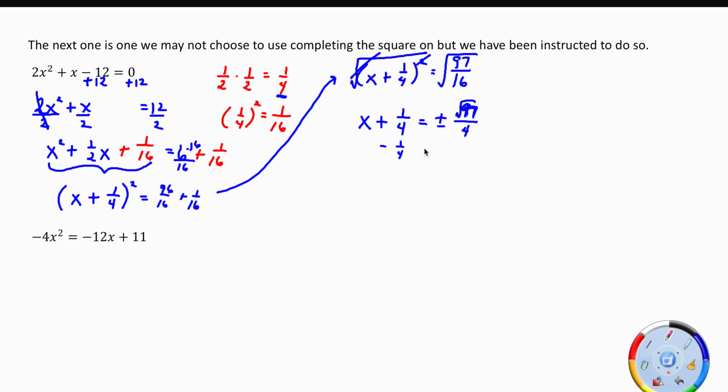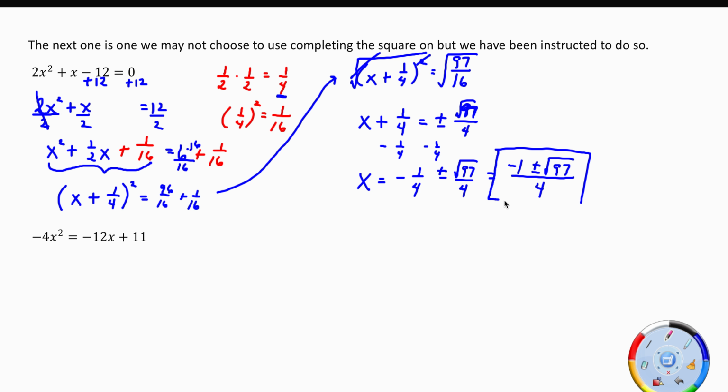We'll go back, subtract 1/4 from each side to get the x all by itself. And we wind up with negative 1/4 plus or minus square root of 97 over 4. We might notice we have a common denominator here, so I can combine that numerator all together over that common denominator of 4.